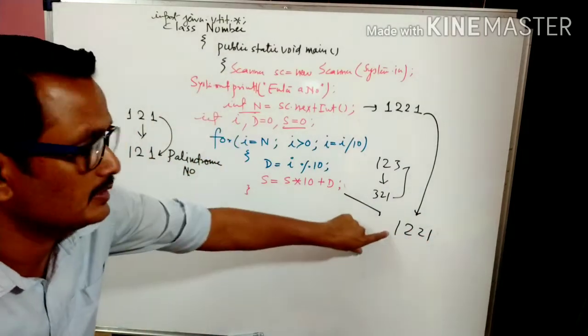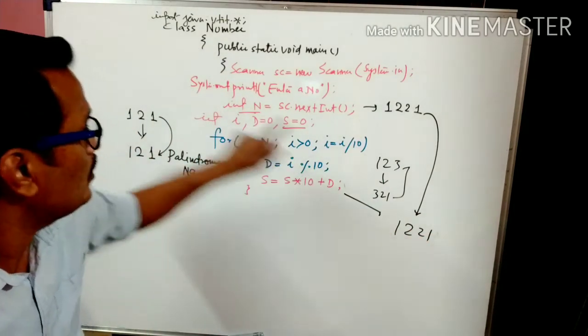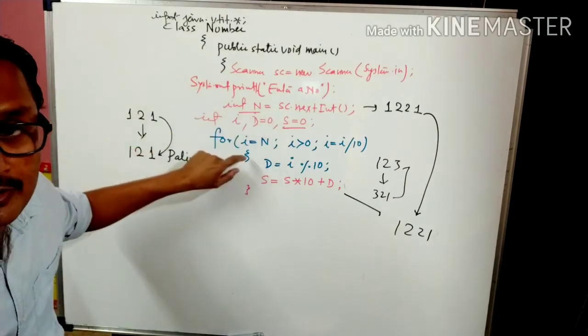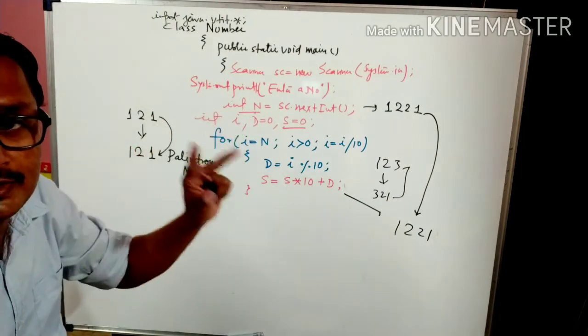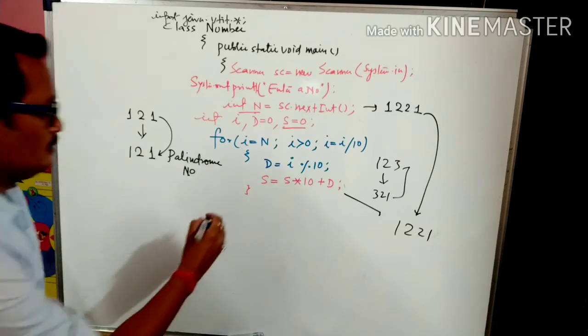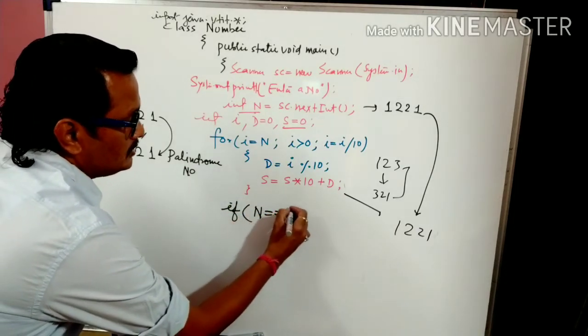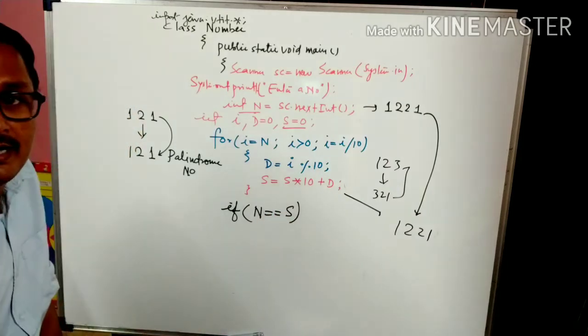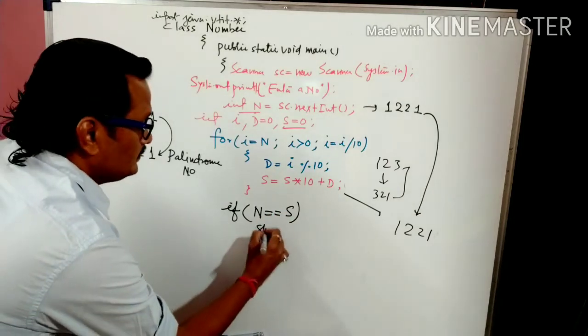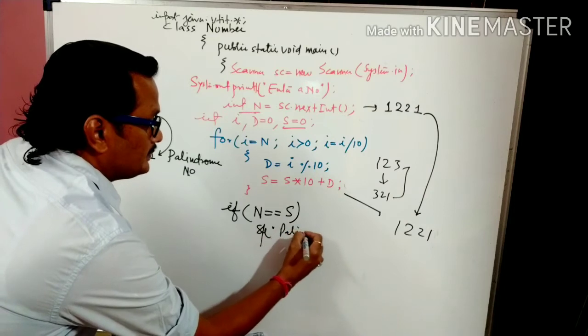And what is the original number? The original number is n, not i, because the final value of i will be 0. Outside of the loop, you write a condition: if the original number is equal to the reverse of the number, if n is equal to s, this is a palindrome number.